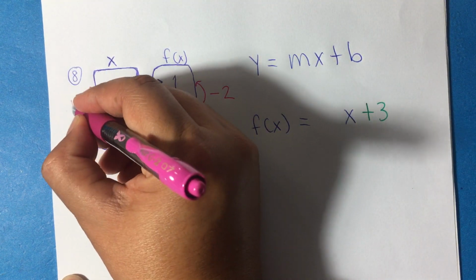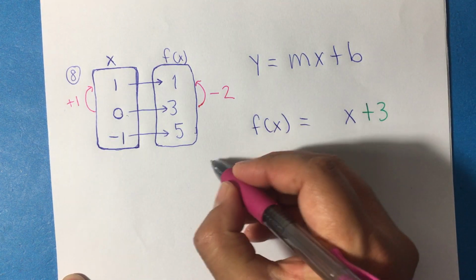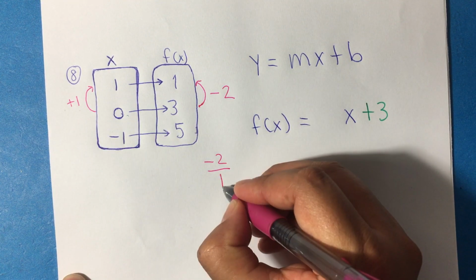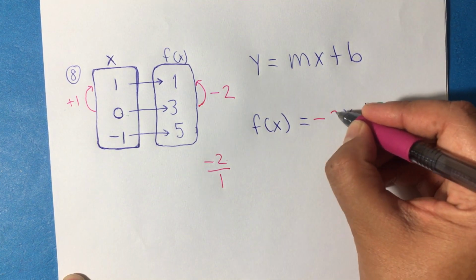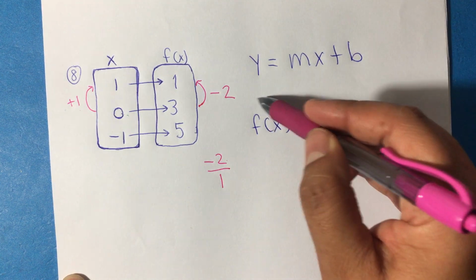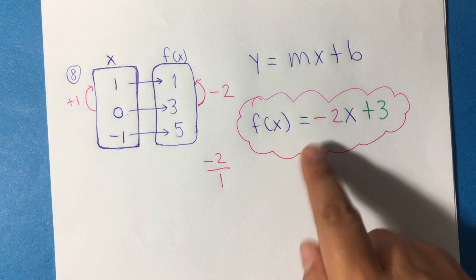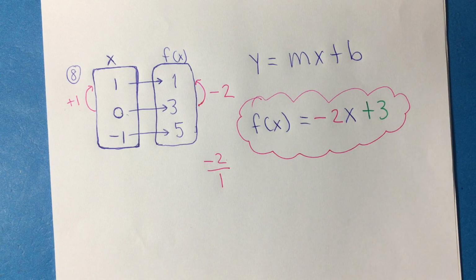It's just plus 1. If we put this in the numerator, it's negative 2 over positive 1. And negative 2 divided by positive 1 is negative 2. So that's my function. F of x equals negative 2x plus 3.